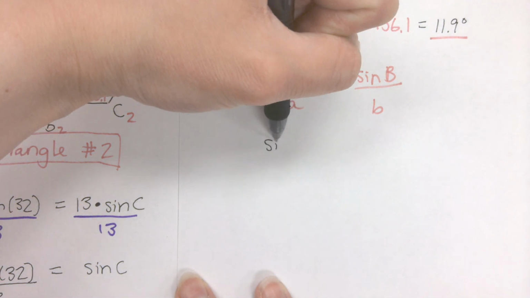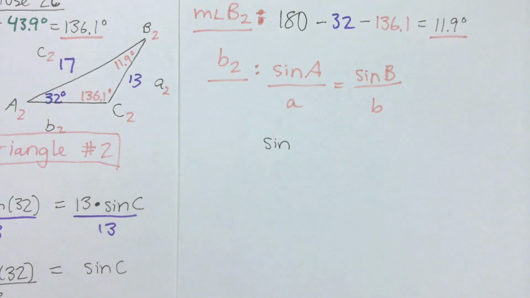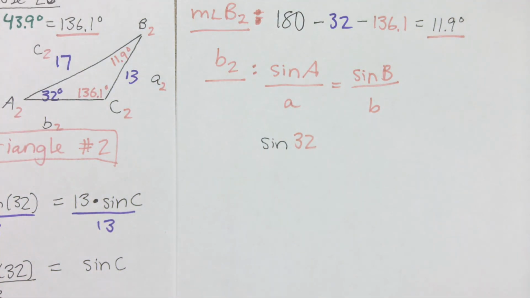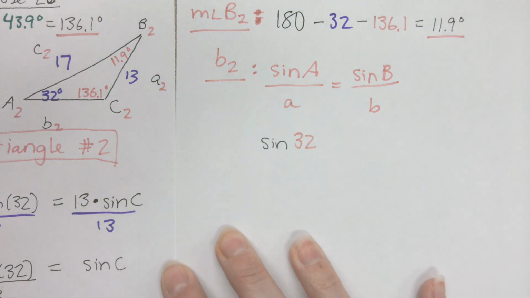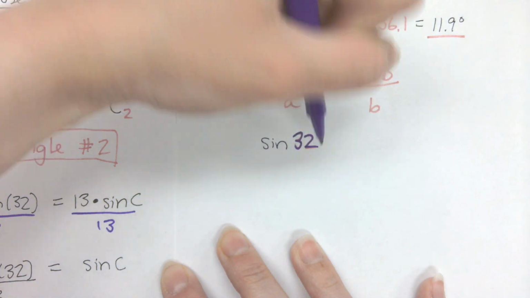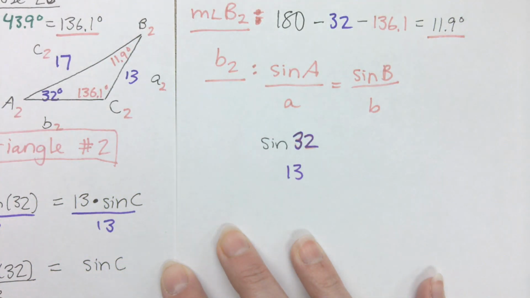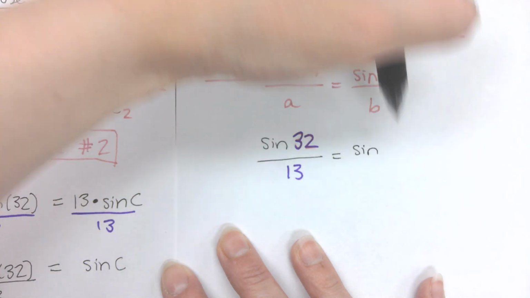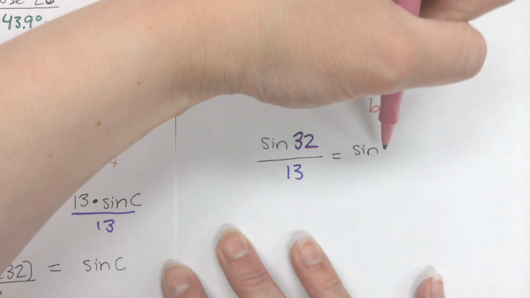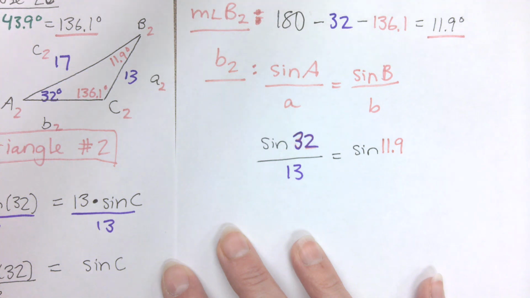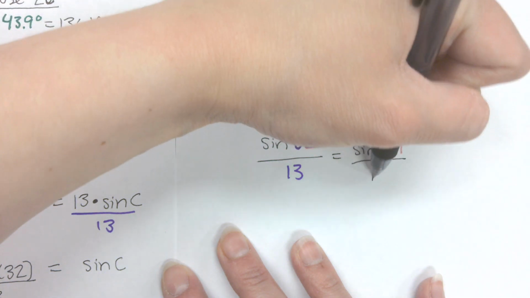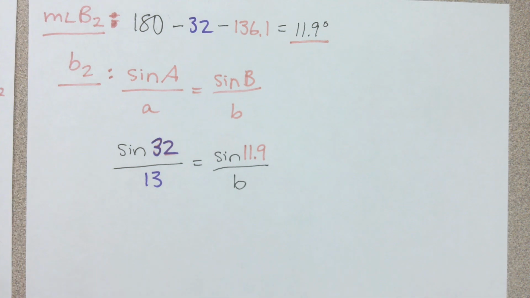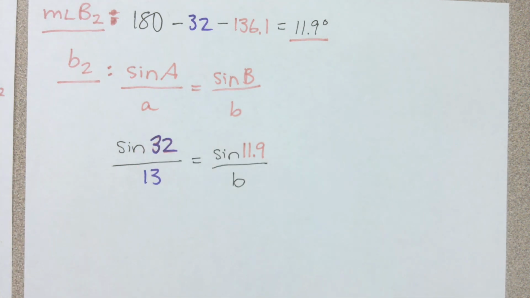So we have sine of A. Since it's given, those numbers aren't going to change from before. It's still 32 and 13 equals sine of B, which I just found, 11.9, over side B. And now we just cross multiply.